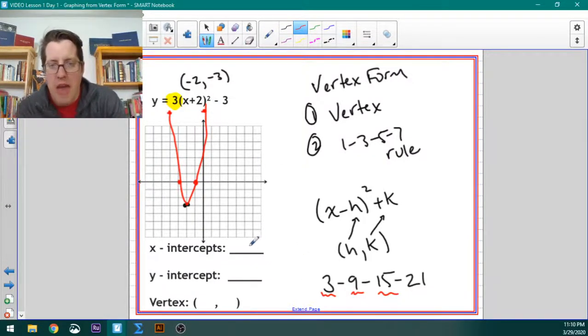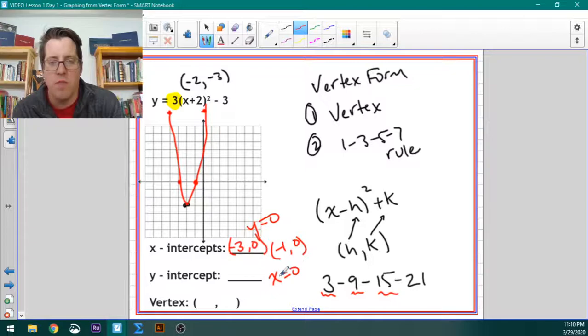Okay? The x-intercepts are going to be where the graph hits the x-axis, and that's always going to be where y equals 0. So in this case, -3, 0, and -1, 0. I'm just looking at the graph in order to say that. The y-intercept here is going to be what happens when x equals 0.